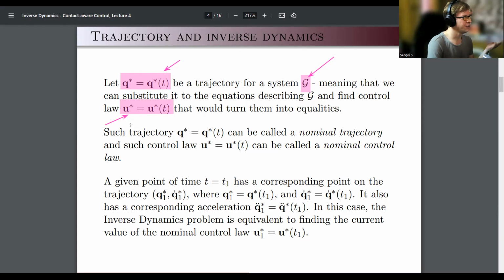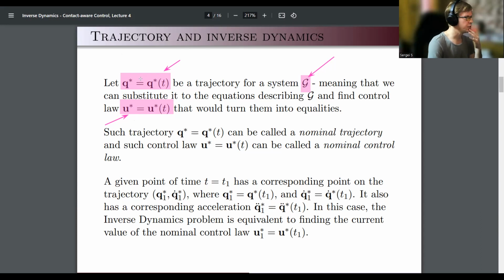You cannot say that something is a solution unless you know what the input is. So what we are saying is it is a solution for a particular input. We don't necessarily have to specify this input, even though finding this input is often part of trajectory planning. But at least we want to say that there exists an input that would drive us along this solution. This is what we call a trajectory.